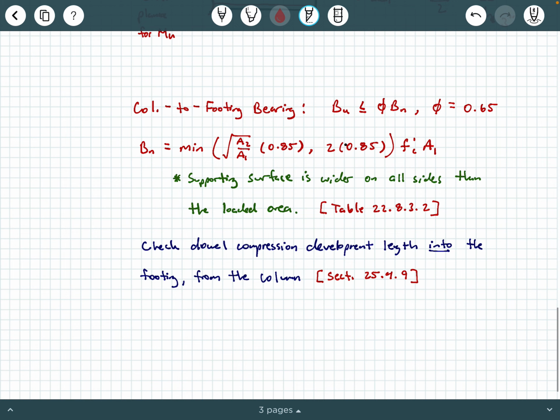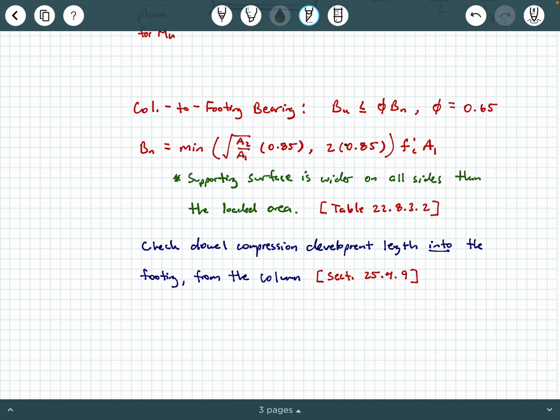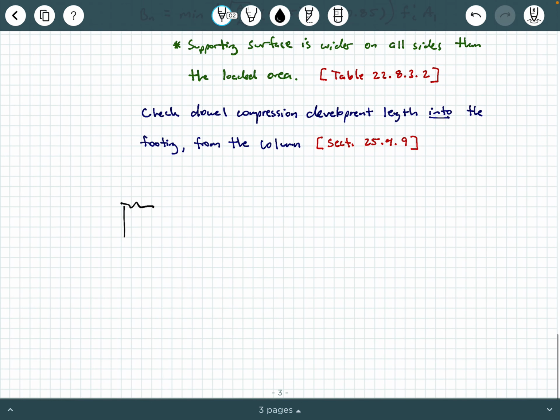Let's talk about the last important limit state that we need to be aware of, and this is the column to footing bearing, okay? So what do we mean by that? Well, let's say that we have a column here, all right, and we have the footing here.